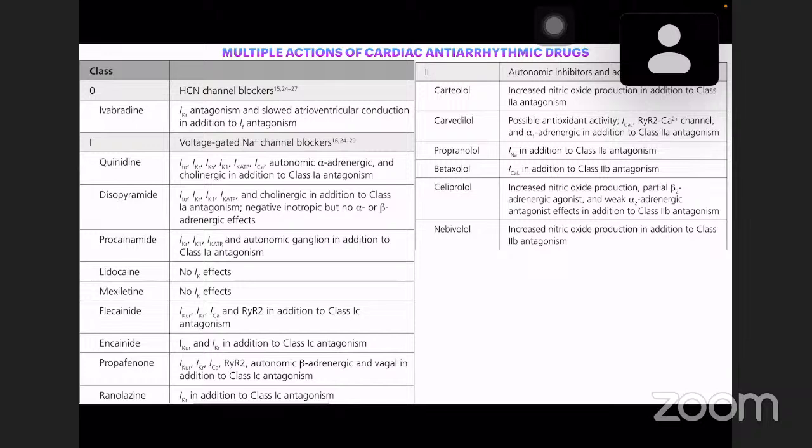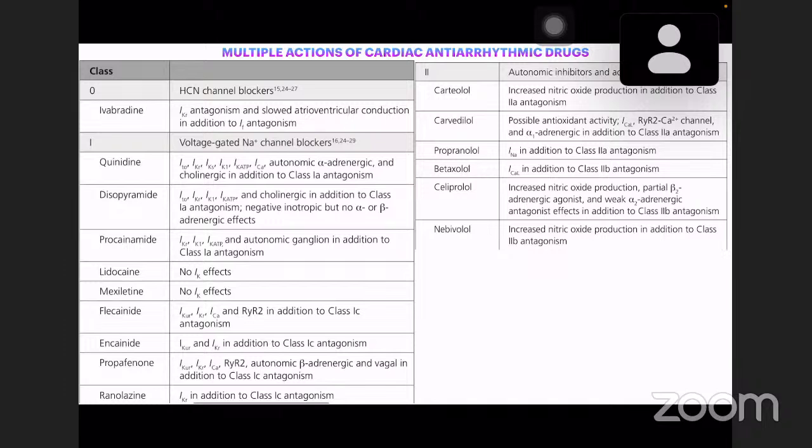For these antiarrhythmic actions, they just used class 0, class 1, class 2, class 3, and class 4. They are not going till class 7. Class 1, 2, 3, 4, as we know, is the old classification, so they are pertaining only to this.